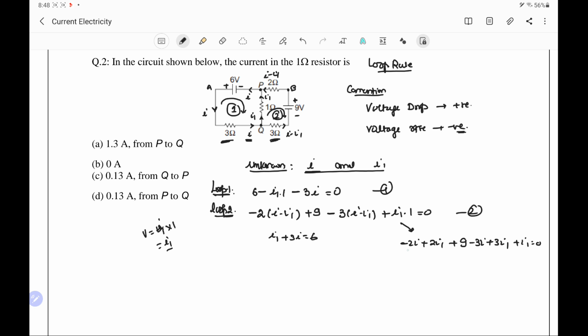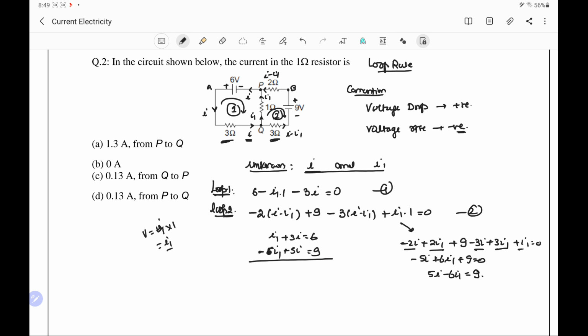Now we combine like terms: minus 2I minus 3I is minus 5I, and 2I1, 3I1 and I1 make 6I1, plus 9 equal to 0. That means 5I minus 6I1 equals 9, that is, minus 6I1 plus 5I equals 9.